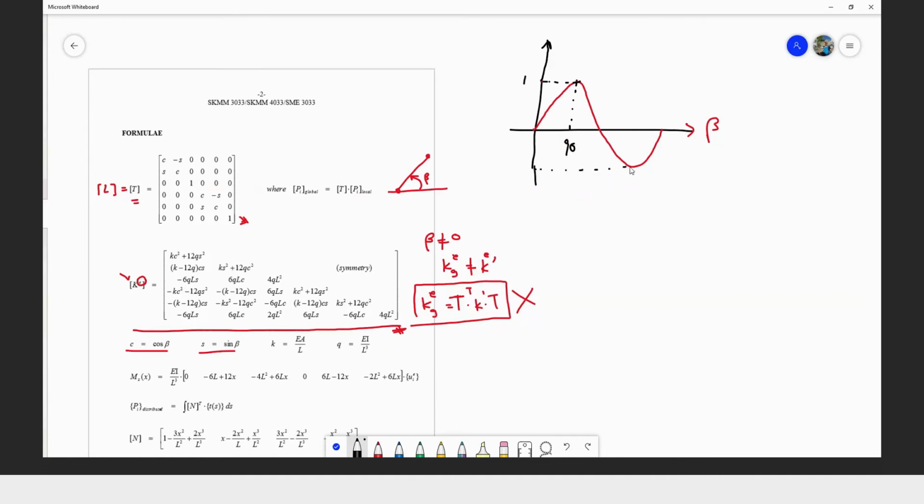And then at 270 we have negative 1. So this is for the sine curve. And then for the cos, we have something like this. Alright, something like that.